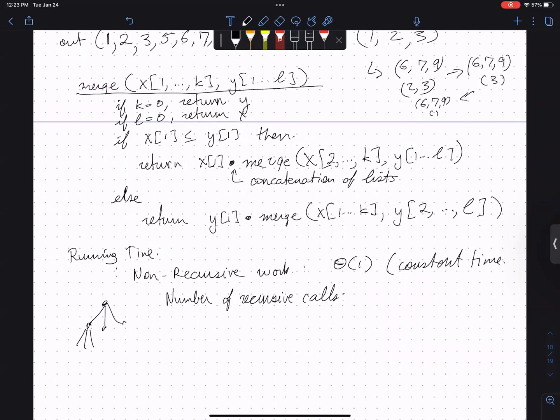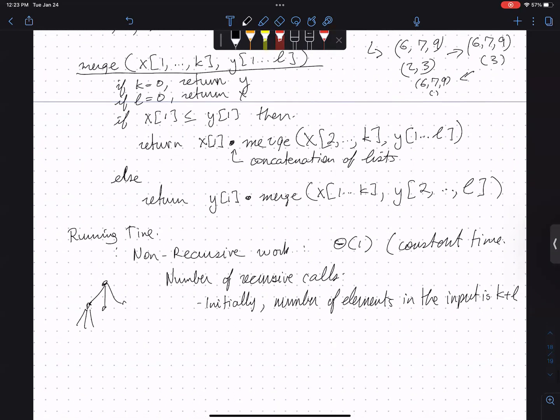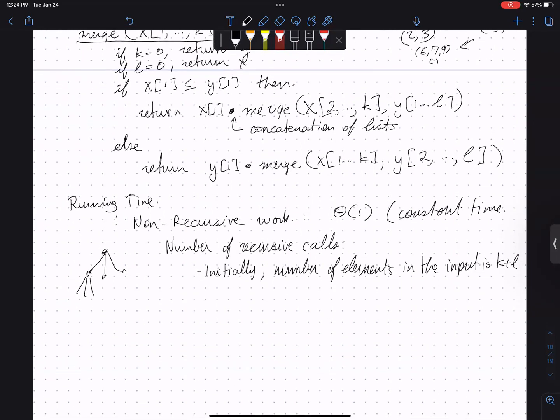Okay, there's a neat argument here that you can make. Initially, the number of elements in the input is k plus L. What happens to the number of elements in our recursive call?